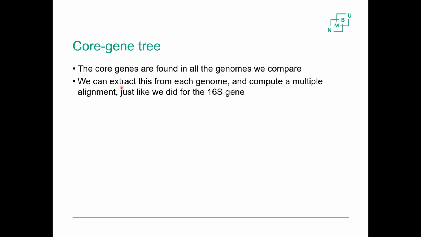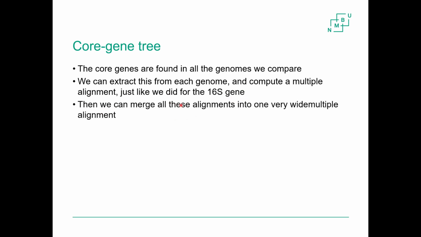Remember, these genes are found in all the genomes we compare. So we can extract each of these genes from each of the genomes and do a multiple sequence alignment, just as we did for the 16S. In this way we get many sequence alignments instead of one. And then we just merge these sequence alignments by placing them next to each other.